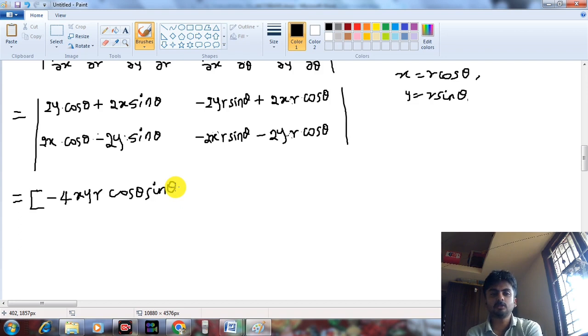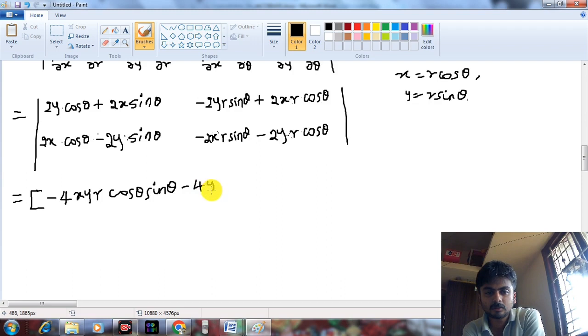So now the terms are mixed. First term with the first term. Now first term with second term we get minus 4 y square r cos square theta.